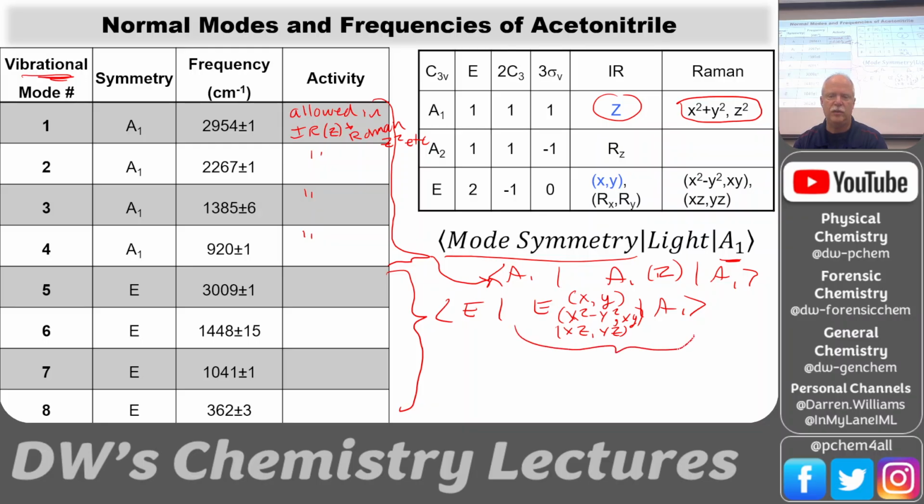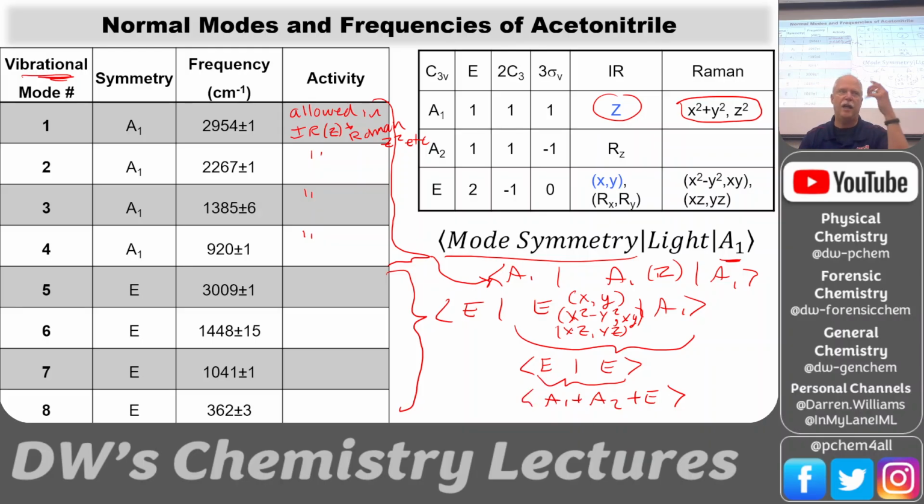Let's take this and we'll say E times A1 is E. And then E times E, if we go find the direct product table for C3V, we see it's A1 plus A2 plus E. I don't expect you to have that memorized yet, but it'd be a good idea if you did.